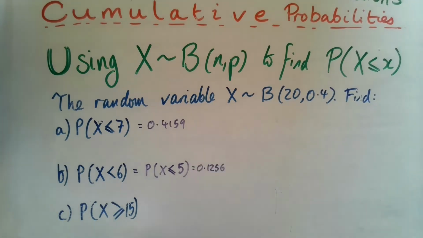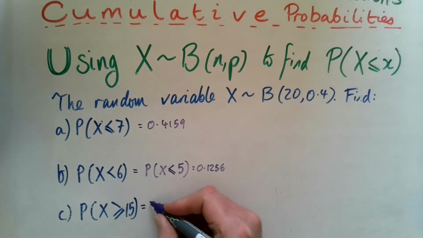Now, the last one is going to make us think a bit more. We want more than or equal to 15, and the tables do a countdown. So we've got to think a bit like if you know the probability of getting a six is 1/6, the probability of not getting a six is 1 take 1/6 which is 5/6, isn't it?